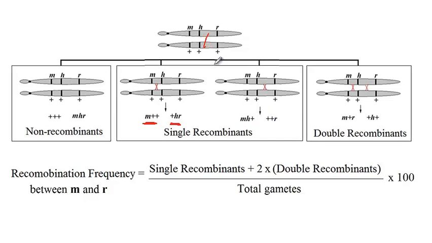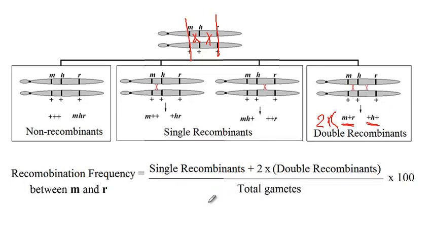Alternatively, we can have two crossovers between M and R. Okay, and here these are shown as M plus R and plus H plus gametes. For this one, however, since two crossovers have happened between these two genes, you have to multiply the value by 2.